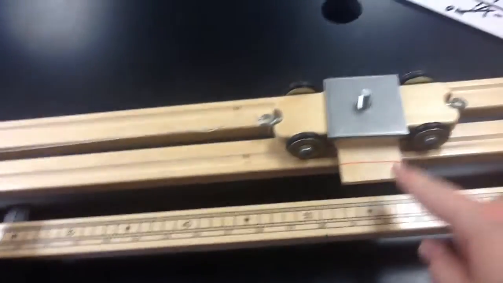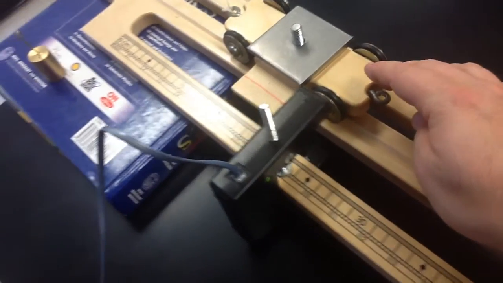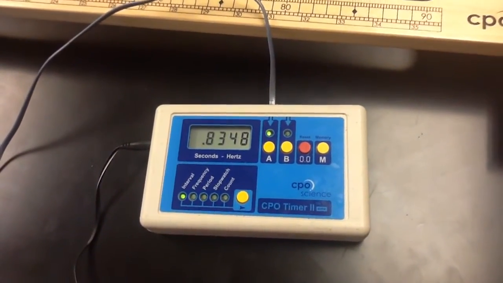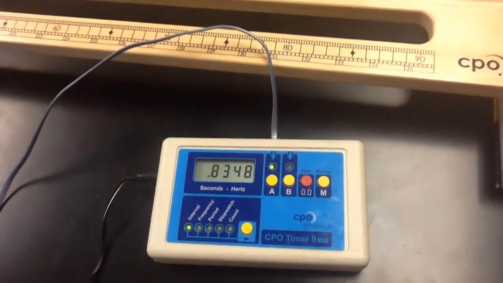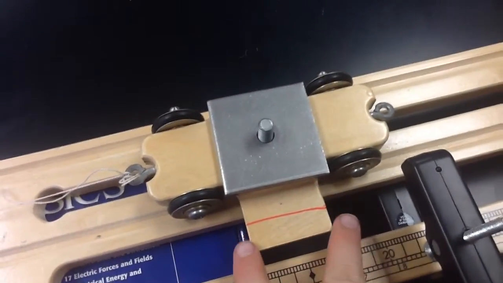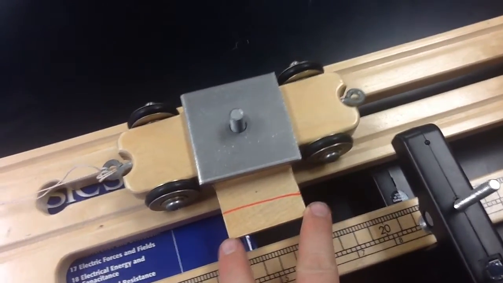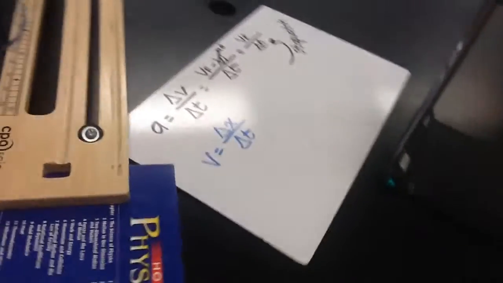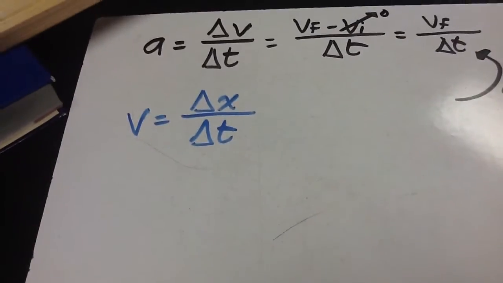As our cart goes down the track, the little tab that sticks out will go through the beam of the Photogate, blocking it, and we'll learn how long it was blocked for. We'll need two pieces of information from this. We'll need this time, and then we'll need this width, because this is the thing that actually blocks the Photogate. So take a ruler and measure this, and then we can use that time to figure out the final velocity of our cart.